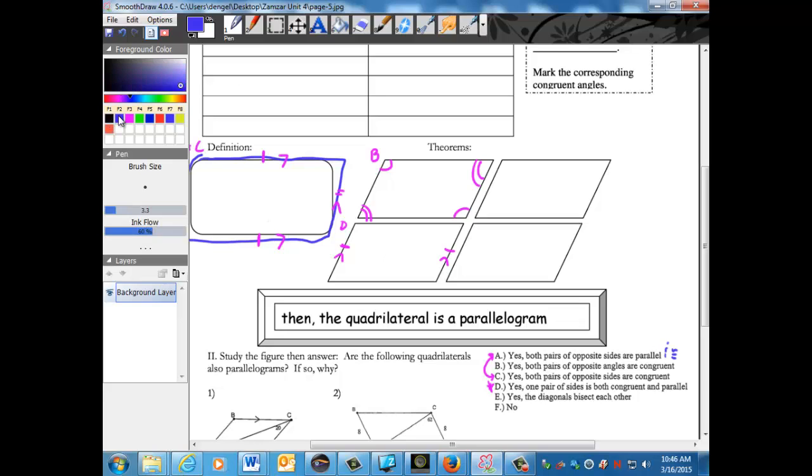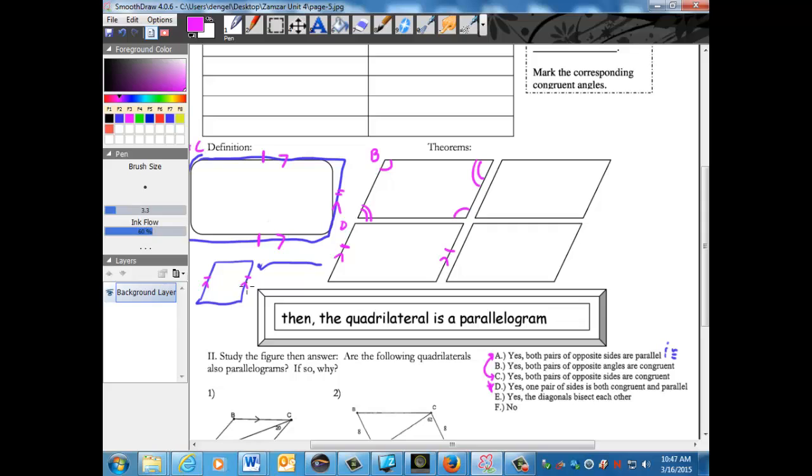Now, why is that? Well, let's prove that. So I'm going to redraw this shape down here so I can have some more room. We'll make it smaller. Okay, and so here's my shape. Again, we were told that one pair of sides is parallel and congruent.